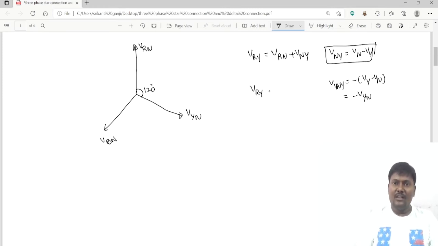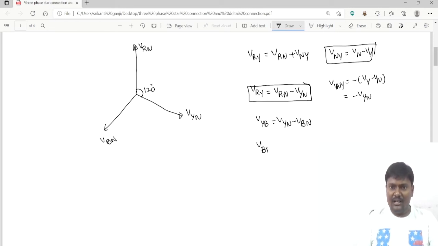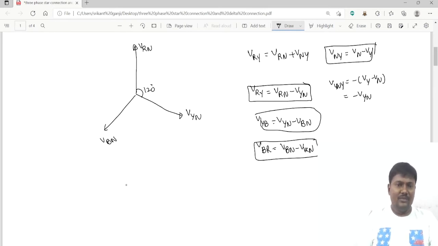Now VRY is equal to VRN minus VYN. Similarly, VYB is equal to VYN minus VBN, and VBR is equal to VBN minus VRN. These are all the line voltages, and VRY, VYB, VBR can be written as line voltages.